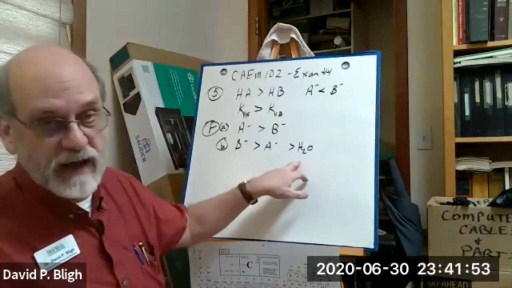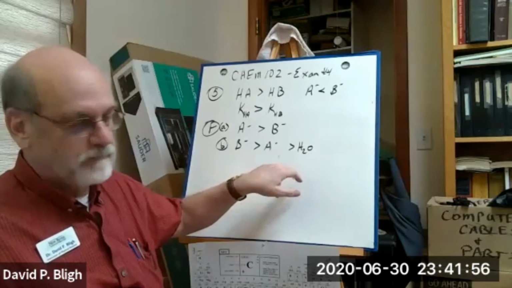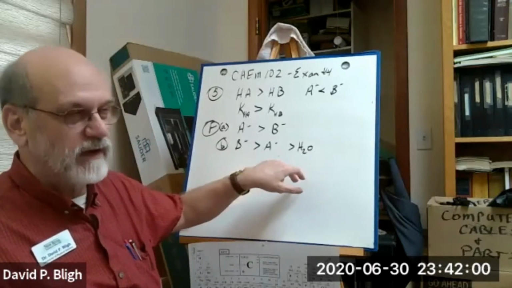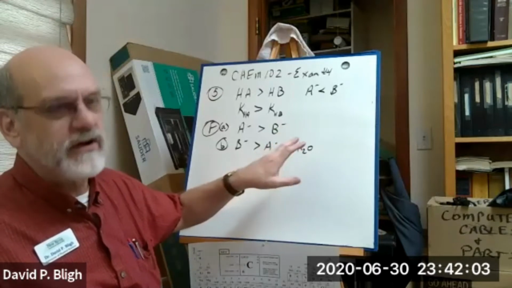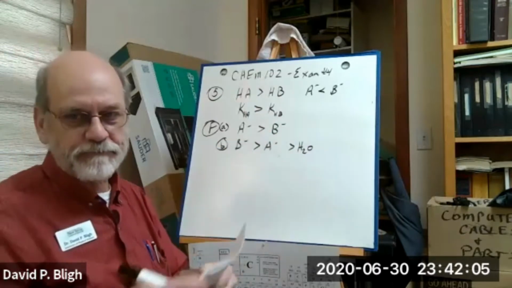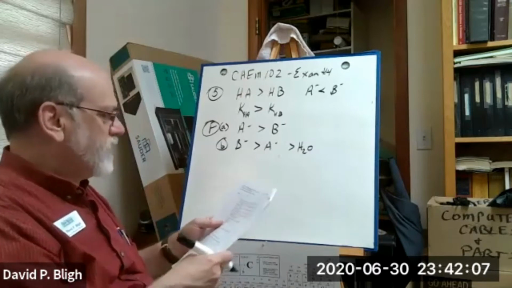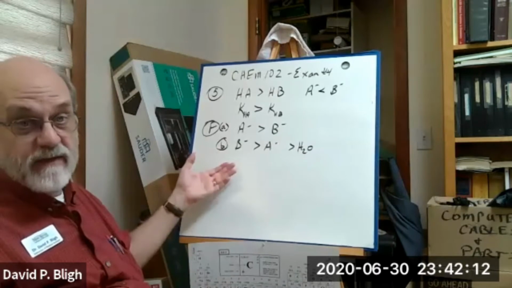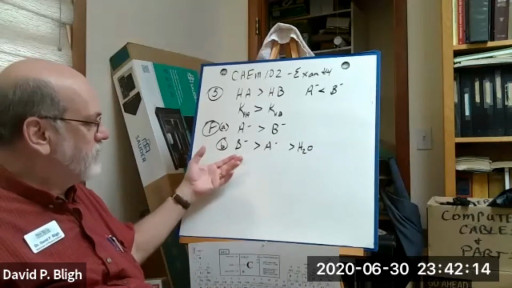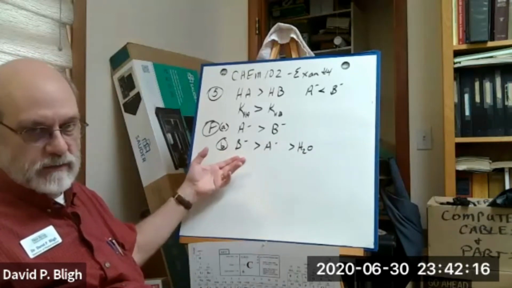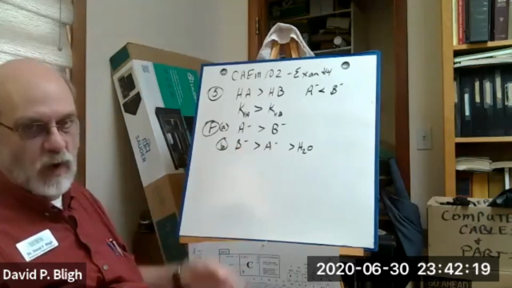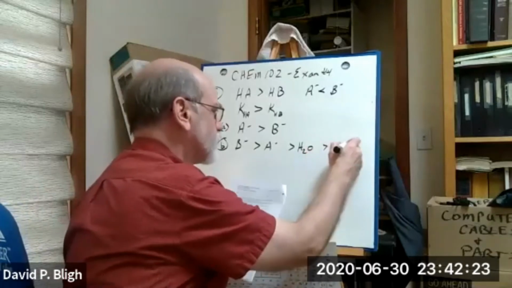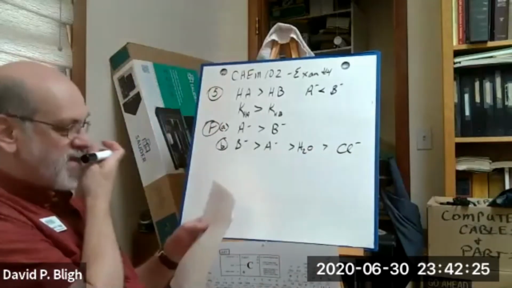Now, that's not talking about OH minus. OH minus is very strong, let's just put it that way. So in most cases, since we don't have the K values available, this is probably true. These are both stronger than water. And also stronger than that.